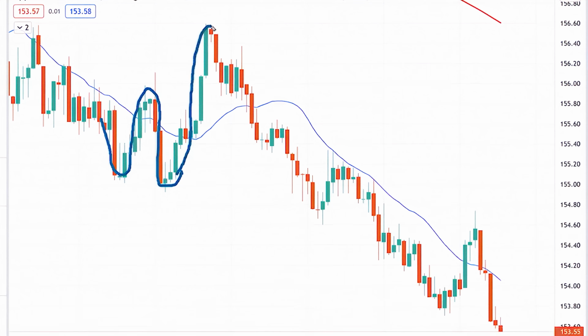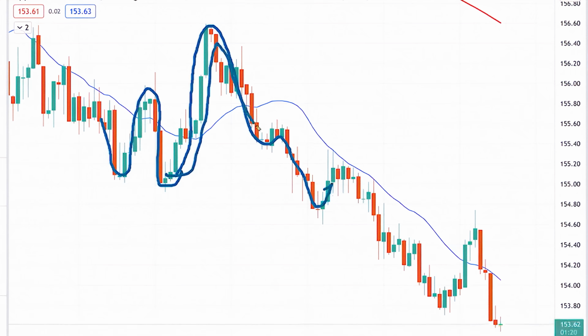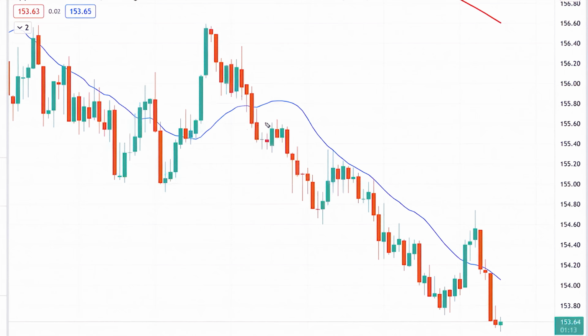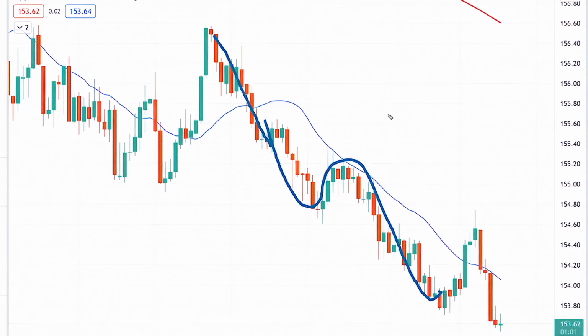Now look at this one. Cycle complete. So in this one, the right leg is now longer. And so these are more micro cycles. All right. Of course, when you're in a bear market, your down legs are longer than your up legs.